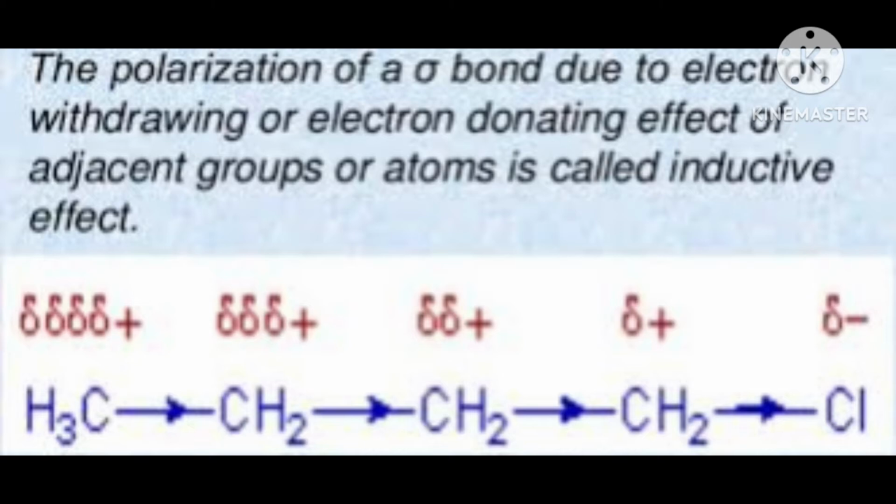E plus means electron seeking, and nucleophile means nucleus seeking. This is the difference. The reaction of an electrophile is called an electrophilic reaction.